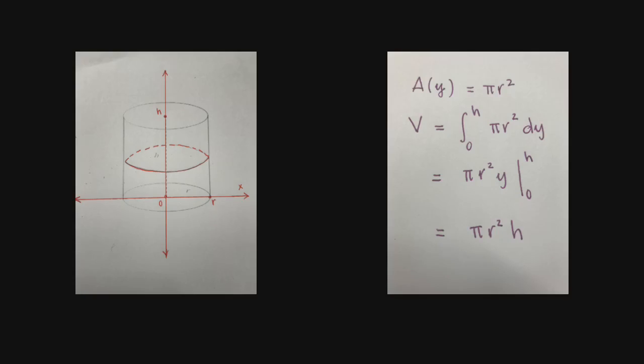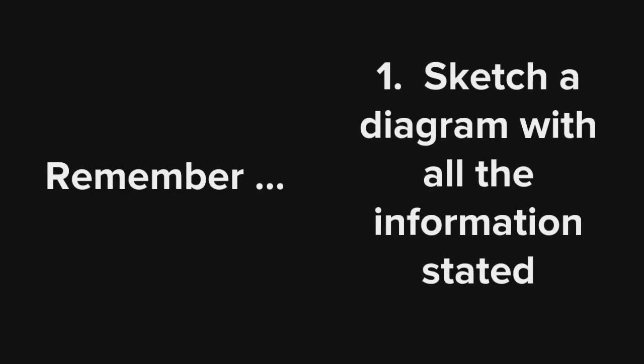The volume of a cylinder is pi times r squared times h, where r is the radius and h is the height. To end our lesson, I want you to remember the steps of how to find the volume of a solid using cross sections. The very first step is to sketch a diagram with all the information stated in the problem.